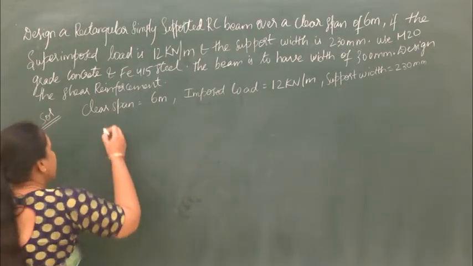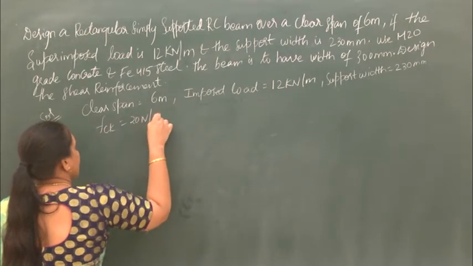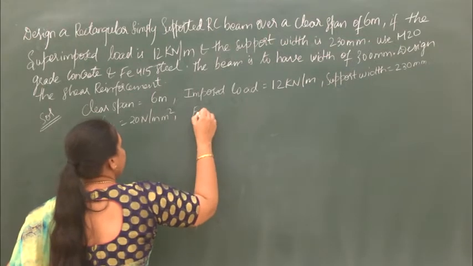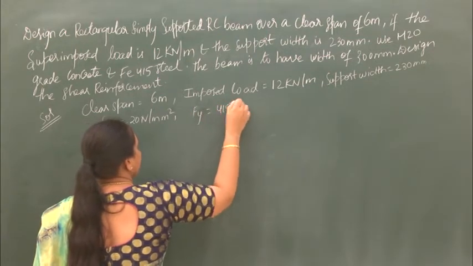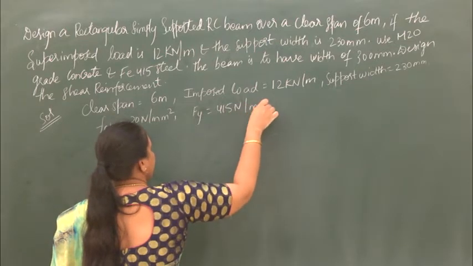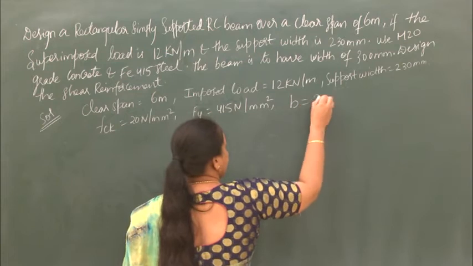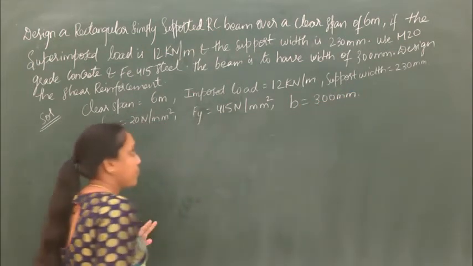The grade of concrete is given, which is 20 Newton per mm square, and the grade of steel is given, which is 415 Newton per mm square, and the breadth of the beam is given, which is 300 mm.